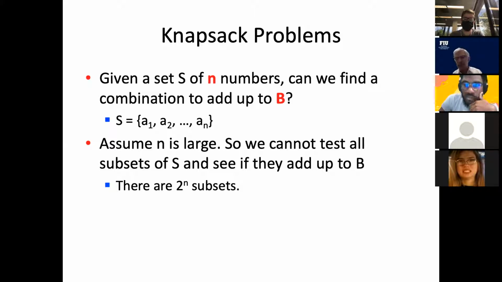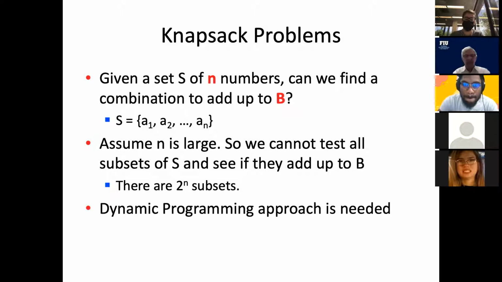If they're all going to be real numbers, then it becomes way too challenging. In fact, it's known to be what is called an NP-hard problem, which means that you don't have very good solutions for them. They're all going to be exhaustive search. So you really have to do the 2 to the n subsets search.